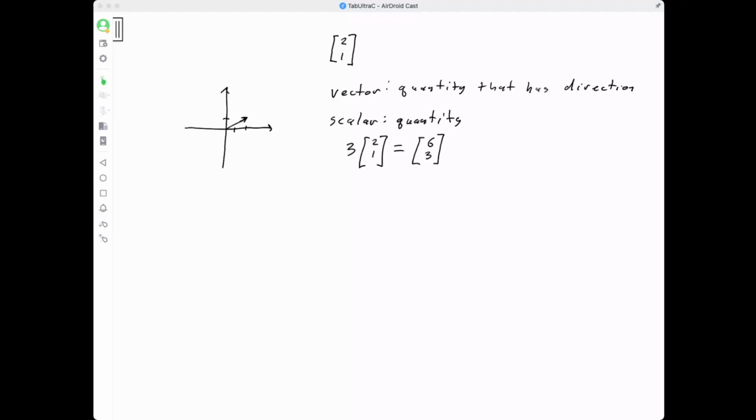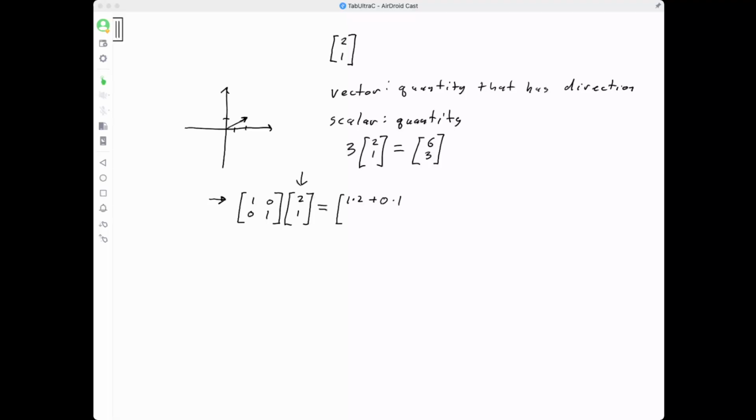Now, when I multiply a matrix times a vector, let's keep our 2, 1 vector, and this time let's multiply the matrix 1, 0, 0, 1. Based on how we showed you how to multiply a matrix times a vector a little while ago, we're going across the rows and down the vector. So 1 times 2 plus 0 times 1.